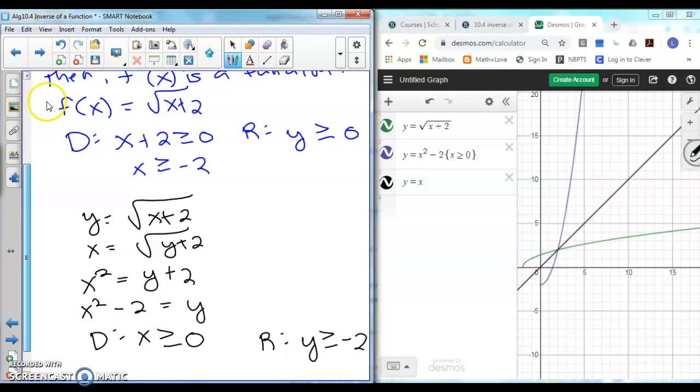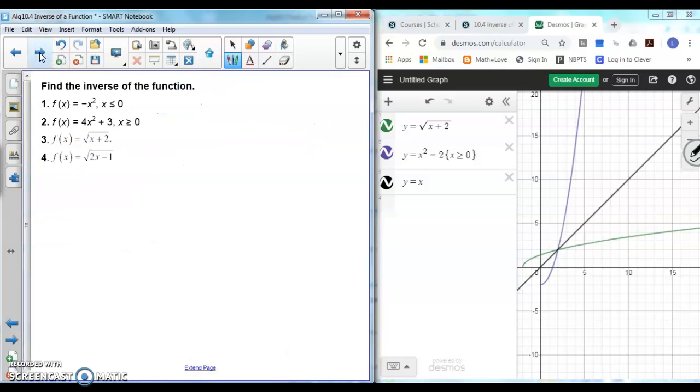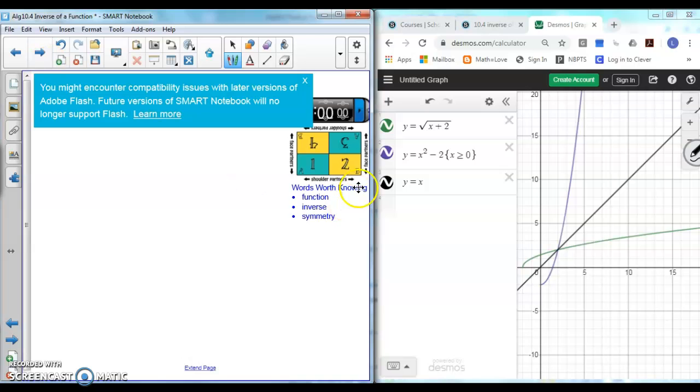So in this case, we follow the same procedure, which is interchanging x and y, and then getting the y by itself. But after that, we had to adjust the domain of the inverse depending on what the range of the original function was. So that's an example for inverses of nonlinear functions.